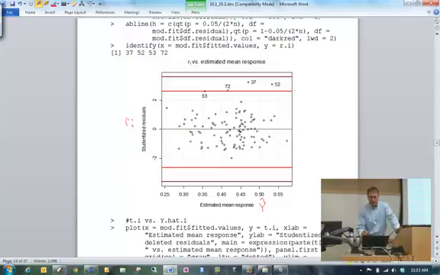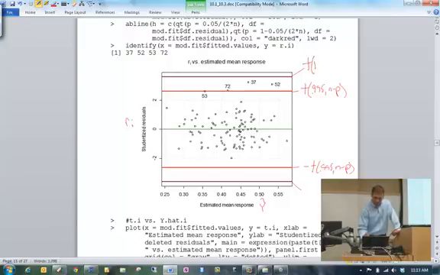The boundary lines then are drawn at the t-distribution value of 0.995 with n minus p degrees of freedom. This would be the negative version of that. Then the darker red lines correspond to Bonferroni corrected values, if you remember us talking about this last time.